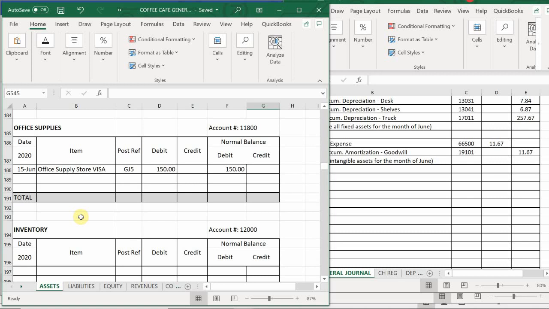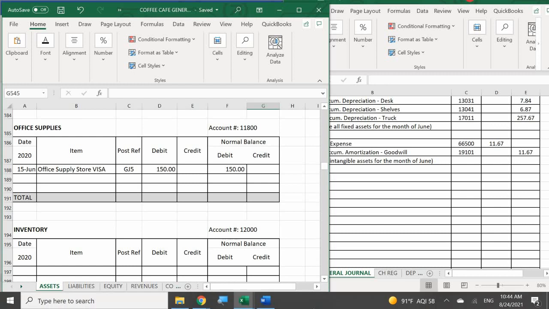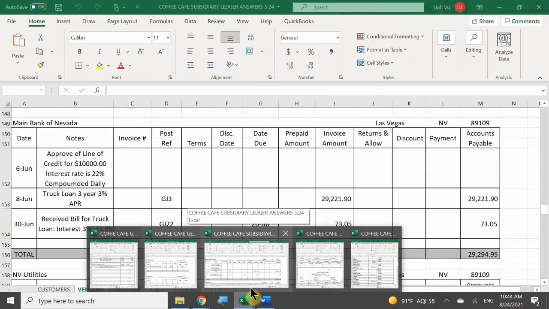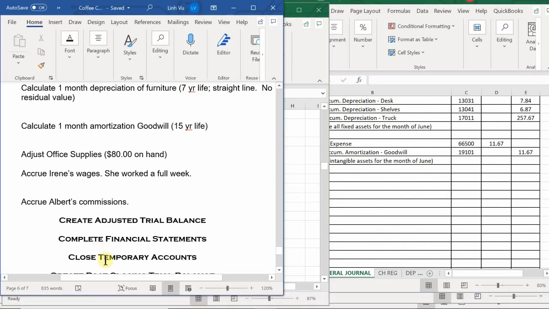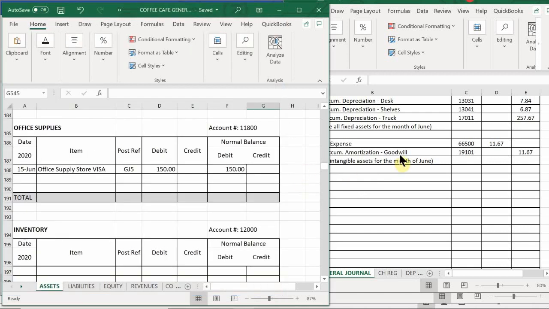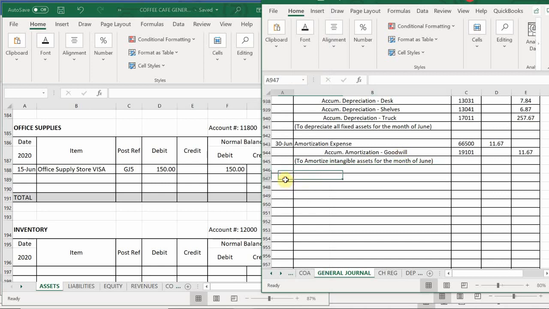I have $150. So if I'm saying that I need to adjust my office supplies, it's because when I buy office supplies, I'm going to use it. In this case, it tells me that I have only $80 left on hand. So therefore, how much did I actually use? $70. You used $70, okay?